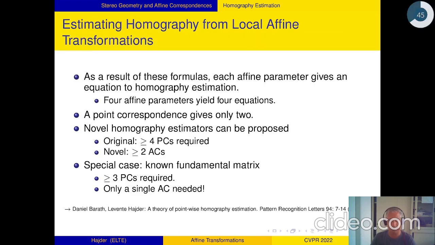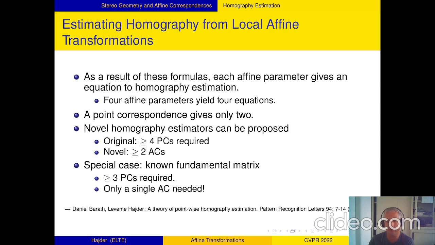So we have more equations, and if both point and affine parameters are known, in that case we have 2 plus 4, totally 6 equations from one correspondence. Because you know that local affine correspondences contain both the affine linear part and the point locations.